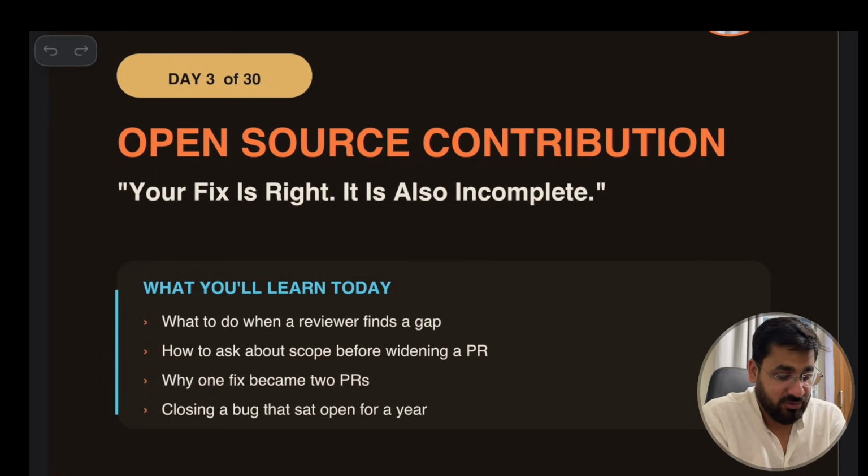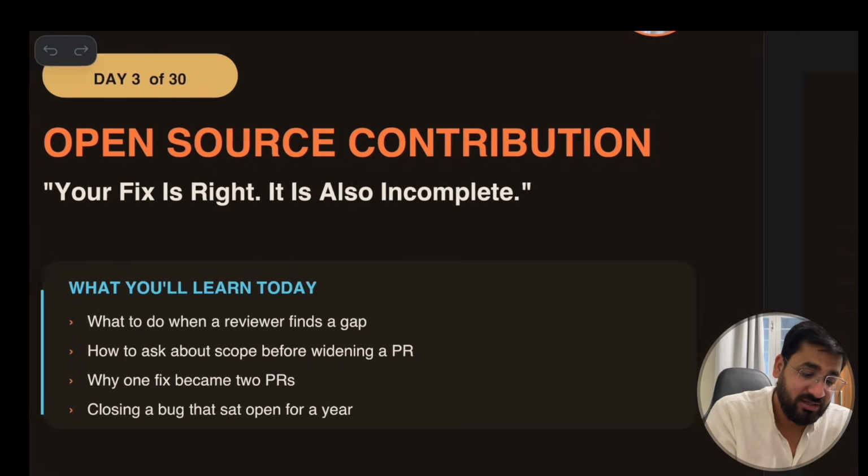I'm going to share what to do when a reviewer finds a gap, how to ask about the scope without widening a PR, why one fix becomes two PRs, and closing a bug that was open for years. This is a really interesting learning I have.